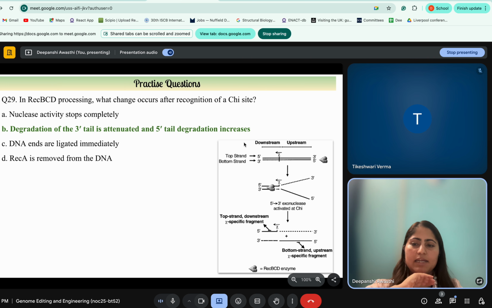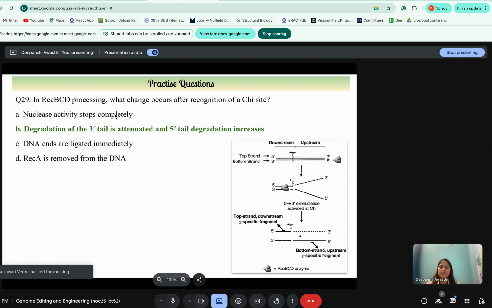So keep this thing in mind, that when we say nuclease activity, previously the nuclease activity which we were talking about was the degradation of 3' tail, because from the 3' ends in both the double strand breaks the degradation was taking place, so that thing stops, but at the same time the 5' tail degradation was increasing. So due to which this nuclease activity stops completely is not the right answer.